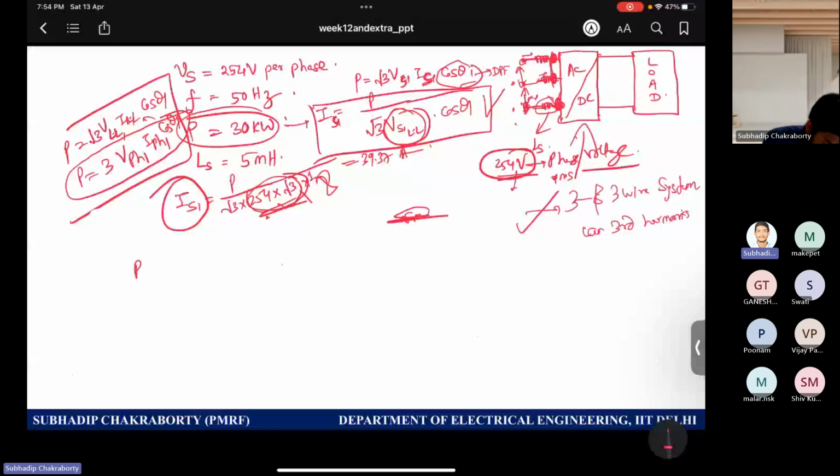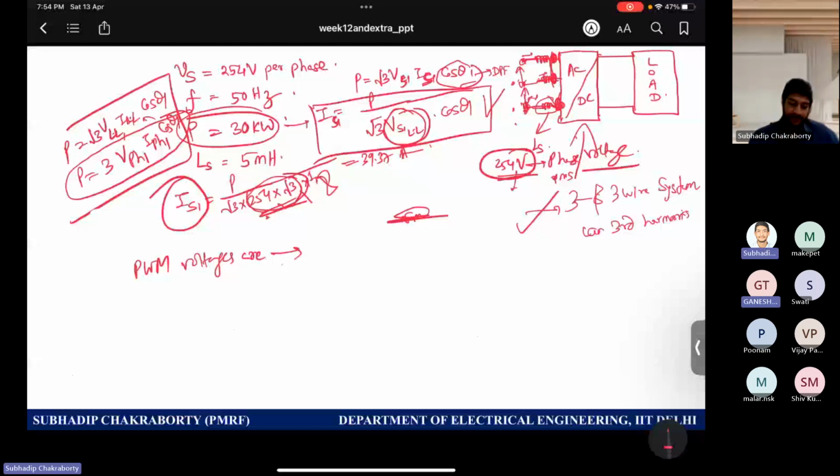So PWM voltages are, for 2 level, how does the PWM voltage look like? Anyone? Square, right? So for a square wave, if I know the amplitude, maybe peak or RMS, of the fundamental, can anyone tell me what is the voltage amplitude of the nth harmonic?